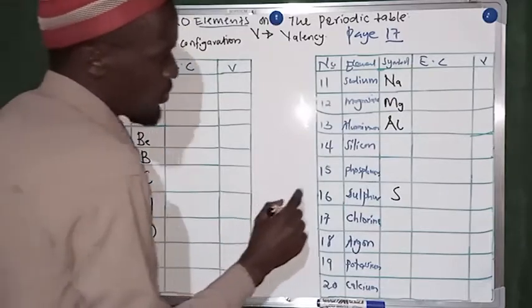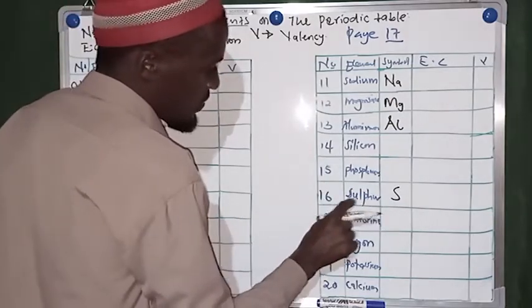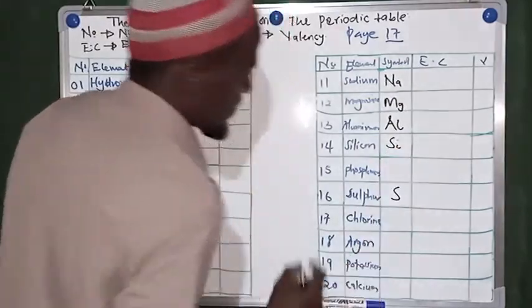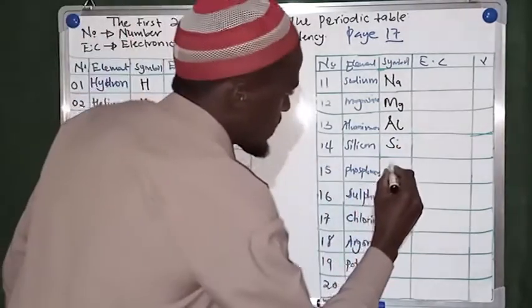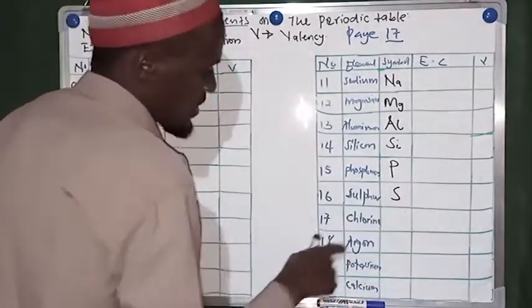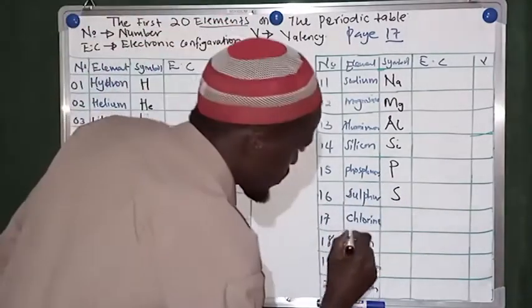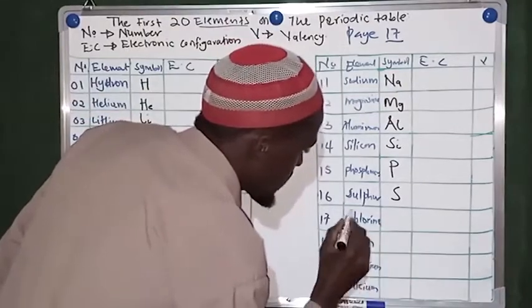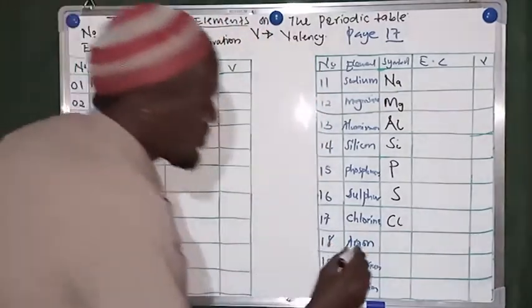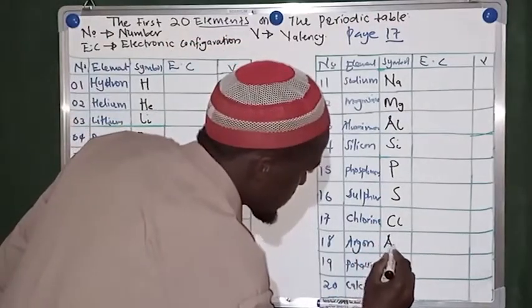Now, we have silicon. There is S for sulfur, so silicon is Si. Phosphorus is P, capital, no other letter. Sulfur is S. Chlorine, you jump H, then write Cl. Argon is A, R: Ar.